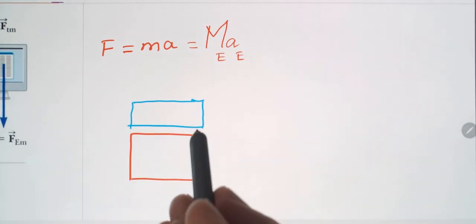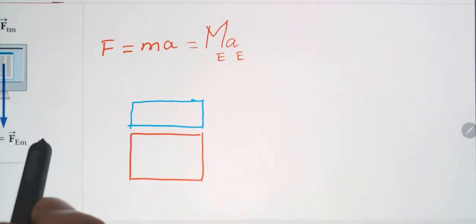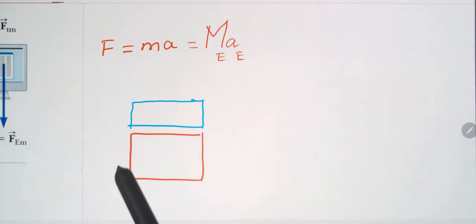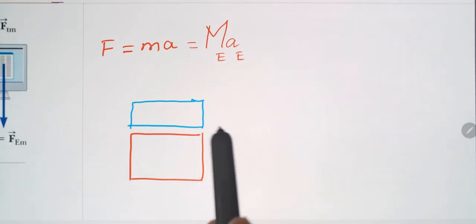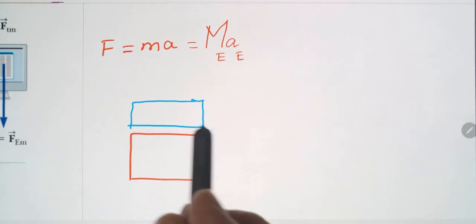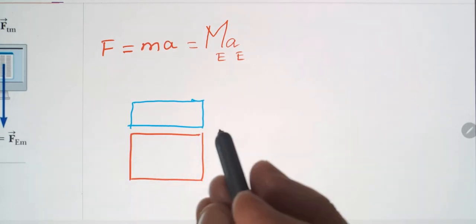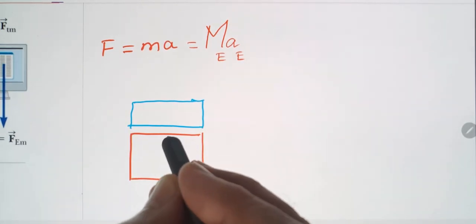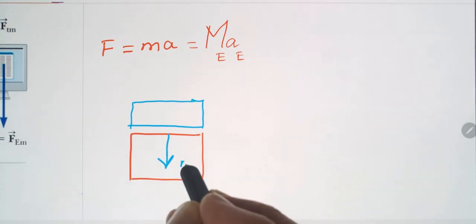That space is just left like this for illustration. They will be on top of each other. What is the action force? Mg.